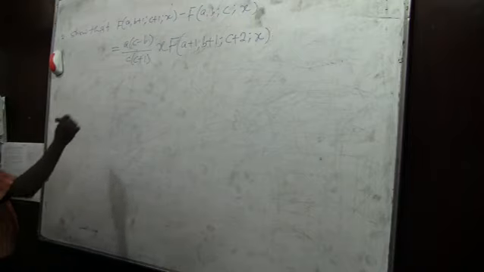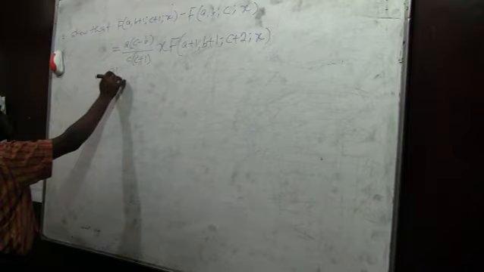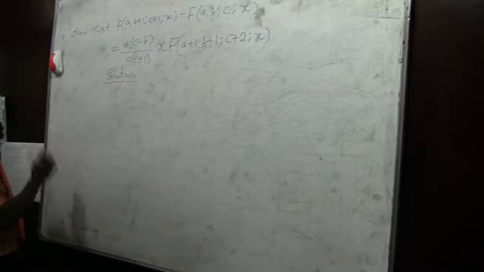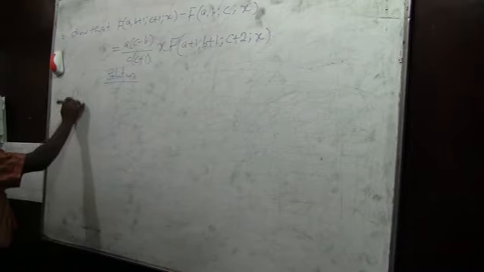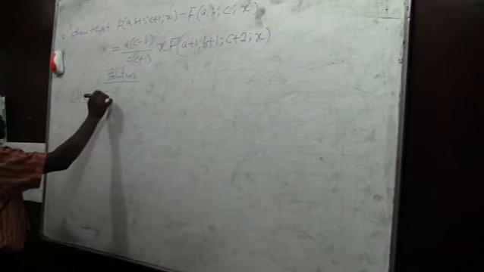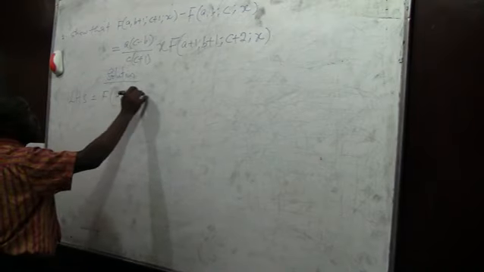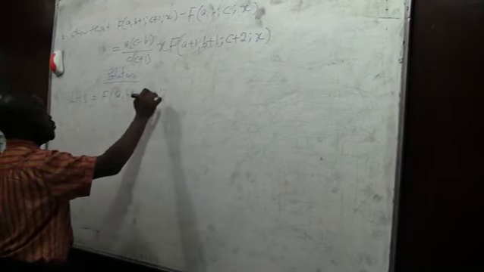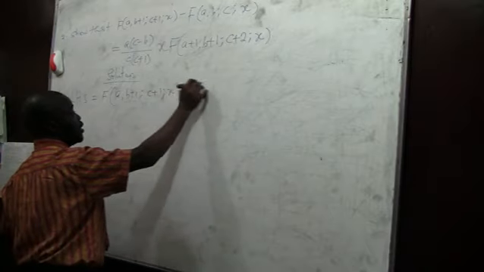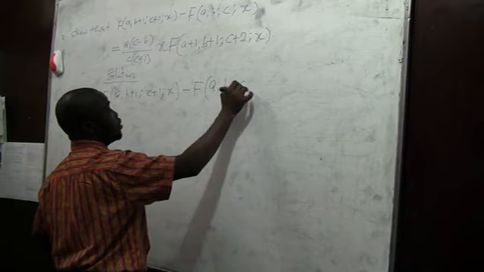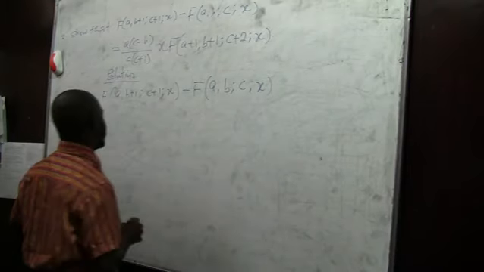Now, solution. Let us look at the left hand side. Hypergeometric function of a comma b plus 1 semicolon c plus 1 semicolon x minus hypergeometric function of a b semicolon c semicolon x.